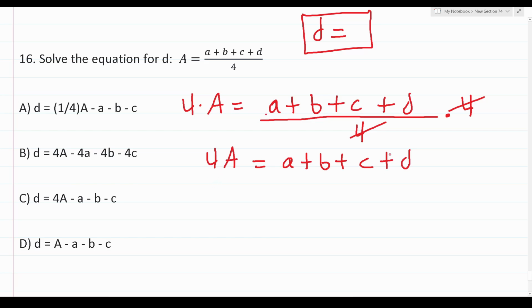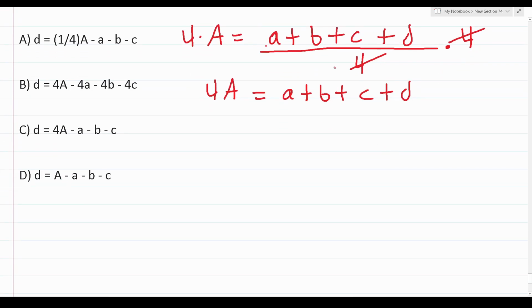Now to get just d by itself, we're simply going to take a, b, and c and move them to the other side of the equal sign via subtraction. So we're going to subtract a from this side, b from this side, and c from this side. This crosses out here, here, and here, just leaving you a d on this side.